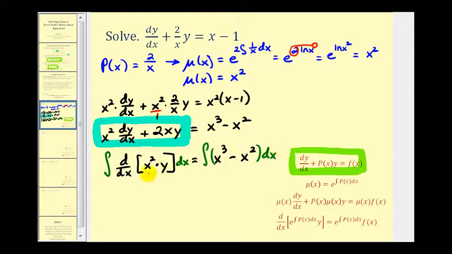So looking at the left side, the integral and the derivative are going to undo each other, so we're left with just x squared y equals, integrating this with respect to x, we would have x to the fourth divided by 4, or 1/4 x to the fourth, minus x to the third divided by 3, or 1/3 x to the third, plus our constant of integration. And now to solve this for y, we just need to divide both sides of the equation by x squared.